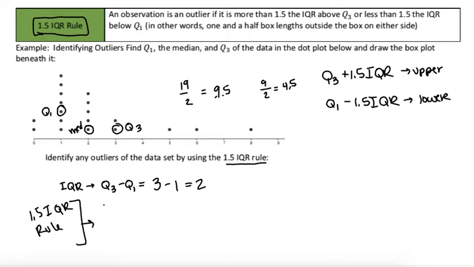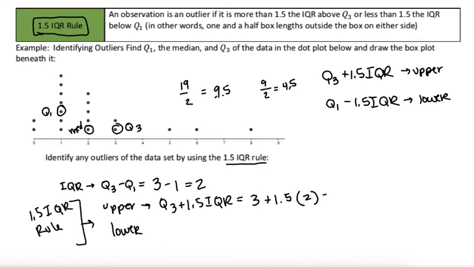To do the 1.5 IQR rule, now we want to identify the upper and lower boundary for outliers. For the upper, we take quartile 3 plus 1.5 IQRs. So quartile 3 is 3, plus 1.5 times 2, and this will give us our upper boundary. For the lower boundary, we do quartile 1 minus 1.5 IQRs, so 1 minus 1.5 times our IQR of 2, and this will give us our lower boundary.